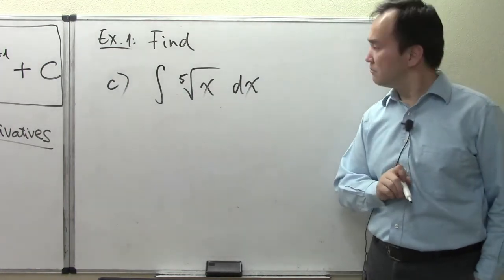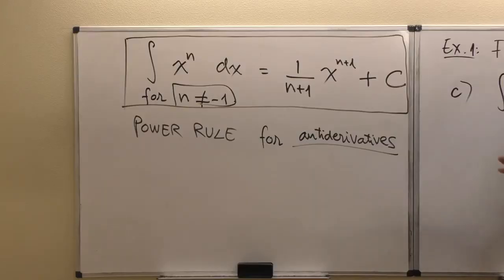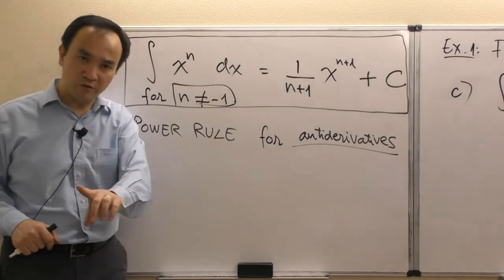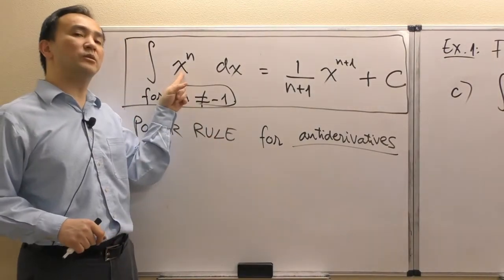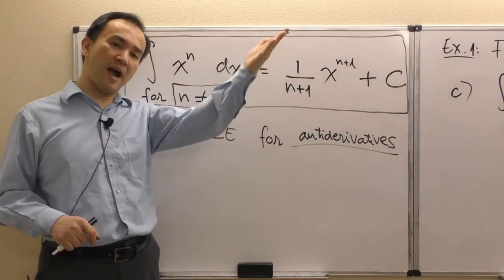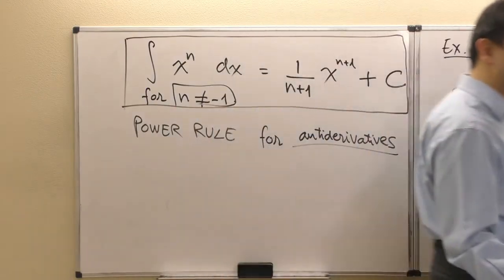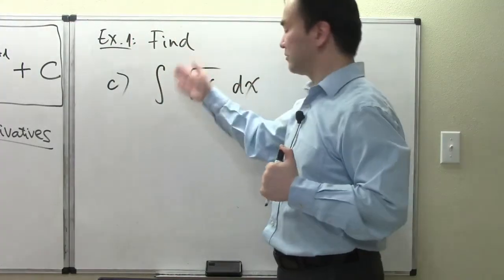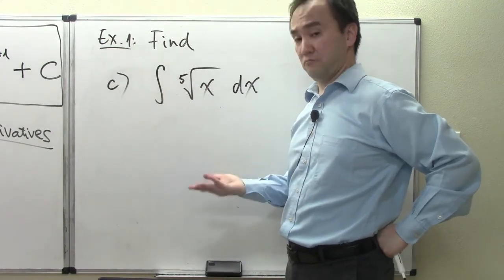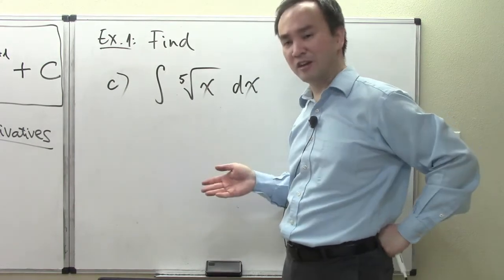Again, this is another function that looks, at first sight, quite out of the ordinary, because the only rule we have learned so far is the power rule. We must see it in the form of x to a power before we can apply our rule, and unfortunately that form is not shown clearly here yet. So we're going to have to do a little algebra treatment.